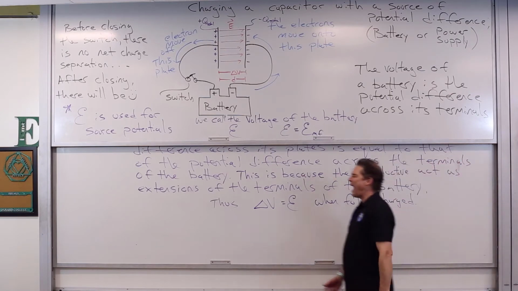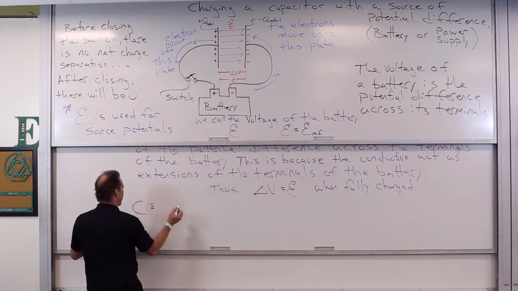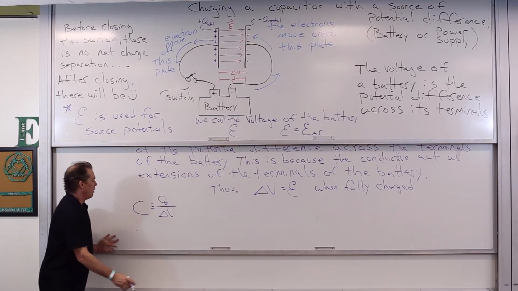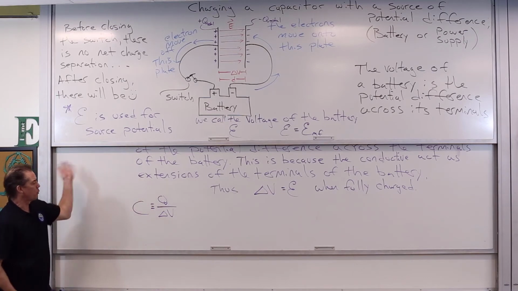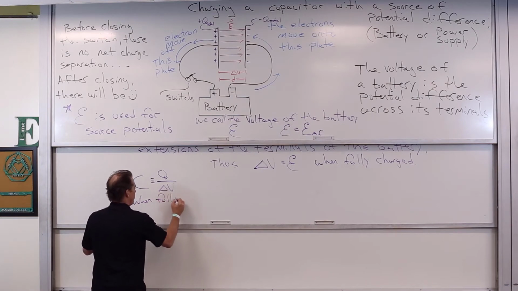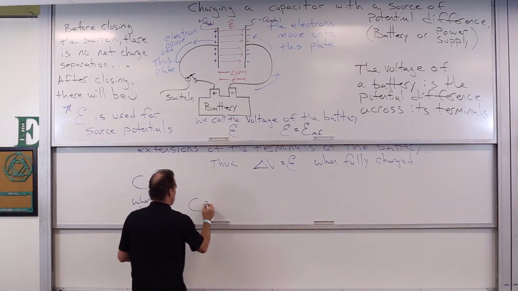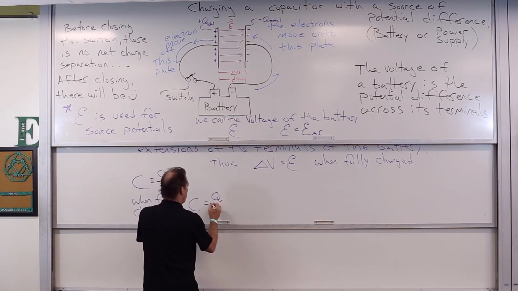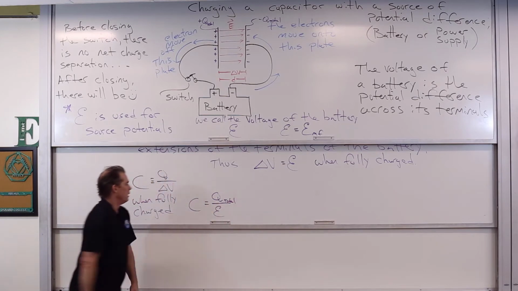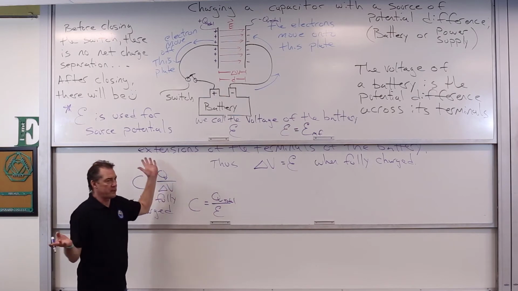Well, if we go back to the definition of capacitance, C is defined as Q divided by delta V. Well, for our particular case, when it's fully charged, C is equal to Q divided by the source potential voltage.